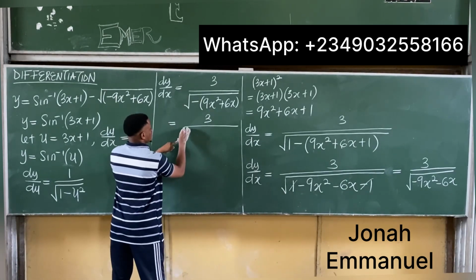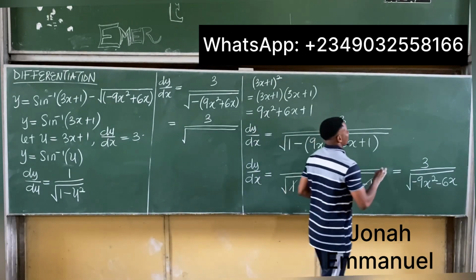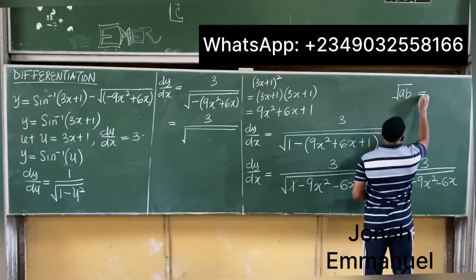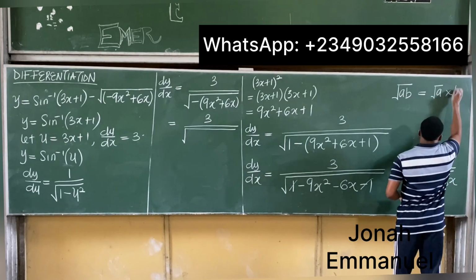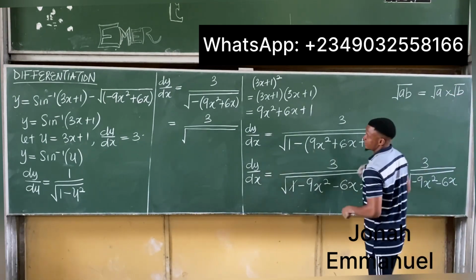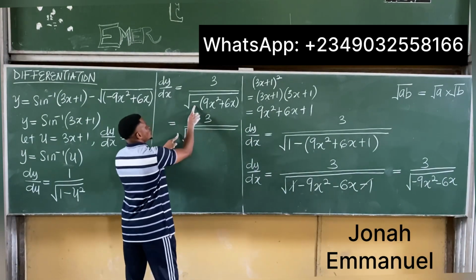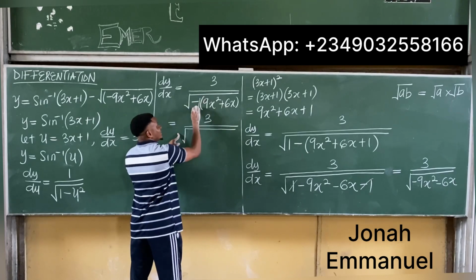This gives you the square root of, now we know from the concept of surds that if I have a surd such as root AB, this can further be broken down as being equal to root A multiplying root B. So with this concept now, we'll simplify this. This is minus this, and that's the same thing as saying minus 1 times this.